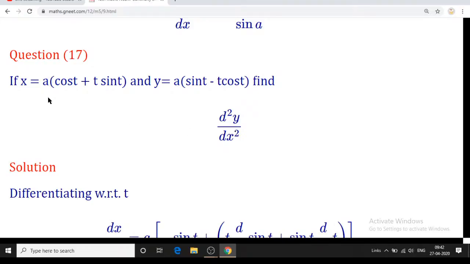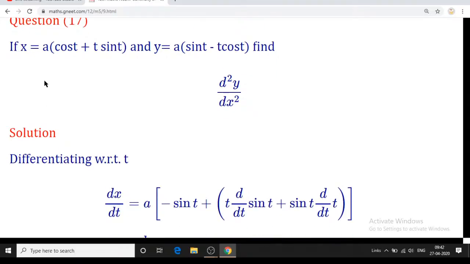X is given, so we will start with differentiating with respect to t. We get dx by dt. A is as it is. Derivative of cos t is minus sin t, plus, here in t sin t, t is one variable, sin t is another variable, so we have to go with the product rule.